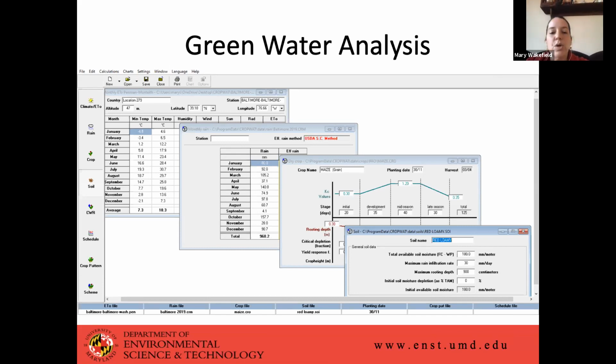You can then enter your soil type, and they have very broad soil types. So I did a red loamy soil, since most of the soils out on the Eastern Shore fall into sandy loams or loamy sands or silt loams. This one was the closest profile.